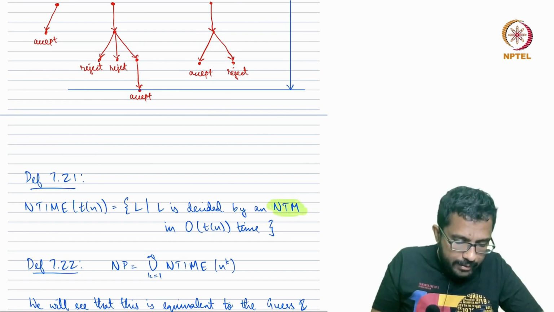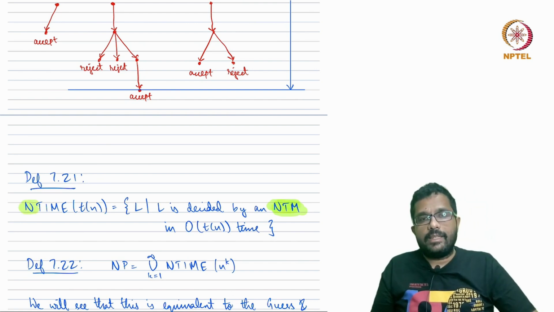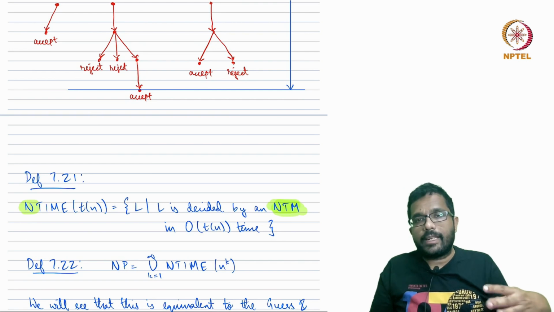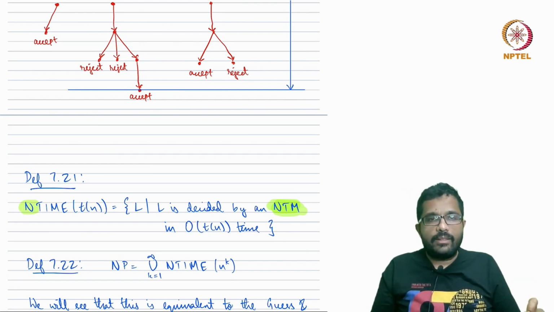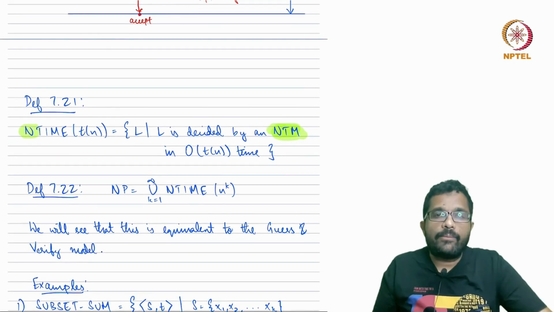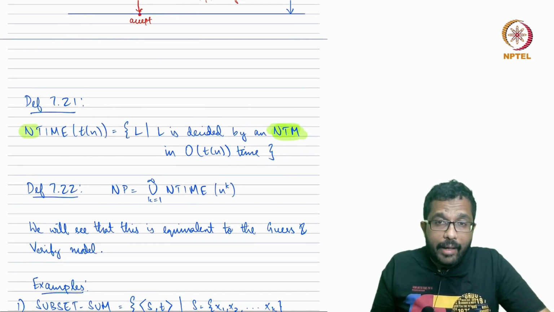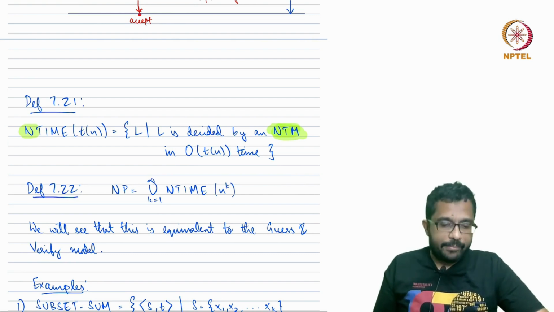The only difference is the N in the definition NTIME(t(n)), and the fact that here we have an NTM instead of a DTM. So just like DTIME(t(n)) is the class of all languages decided in O(t(n)) time by a deterministic Turing machine, NTIME(t(n)) is the class of all languages decided by an NTM, a non-deterministic Turing machine, in O(t(n)) time.